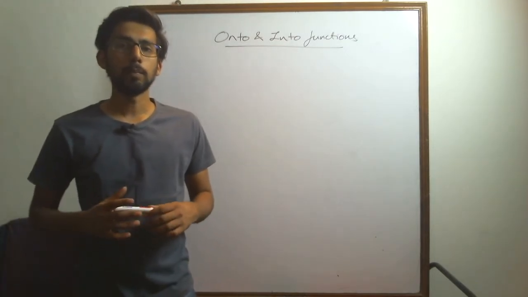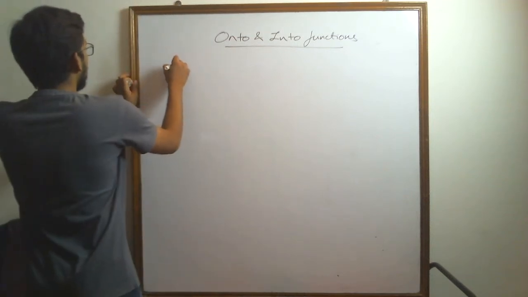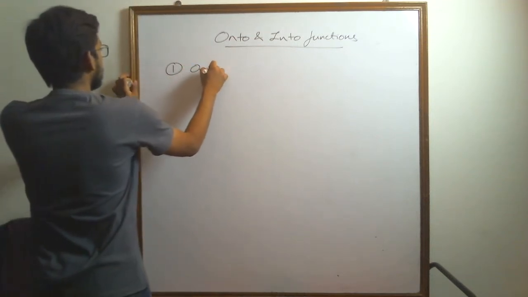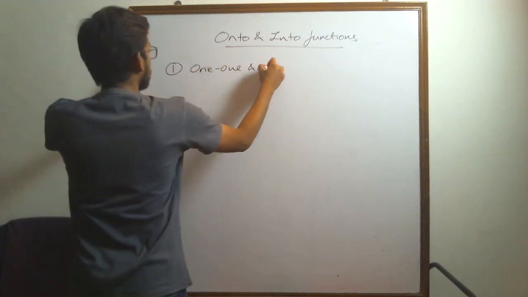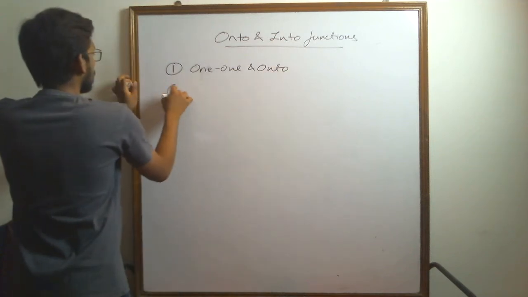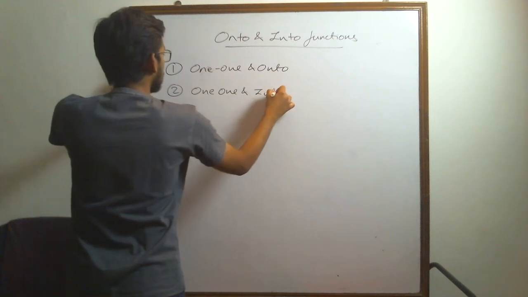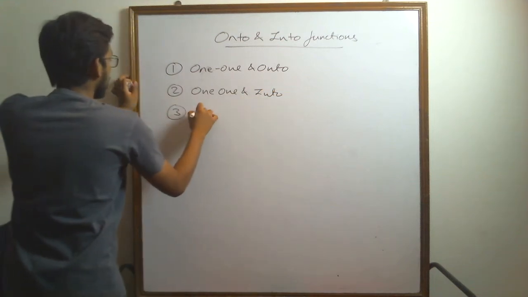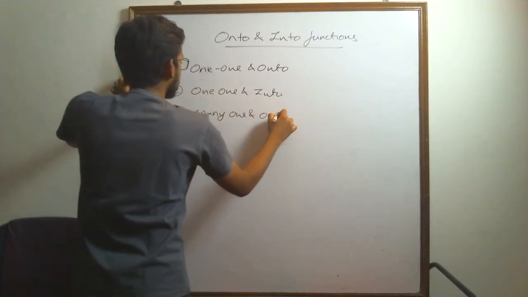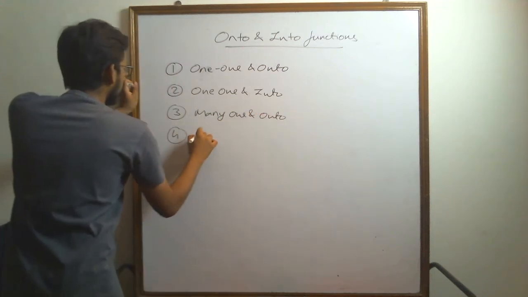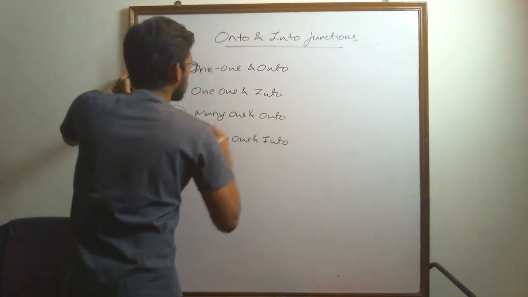Right. So now the possible combinations of functions that we can get are 1-1 and onto functions, 1-1 and into functions, many-1 and onto functions, and many-1 and into functions.